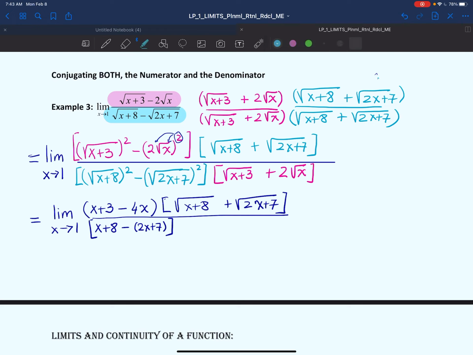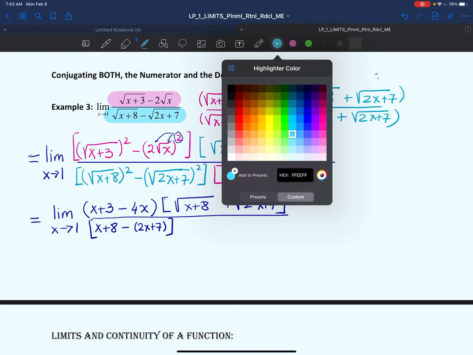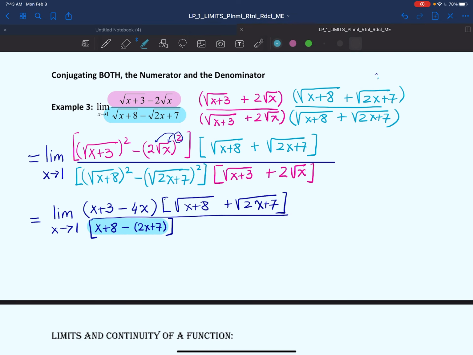Okay, so let me highlight them now. So this is where we get this from, okay? And this is where we get this from. And we'll continue with the other factor, which is root of x plus 3 plus 2 root of x.